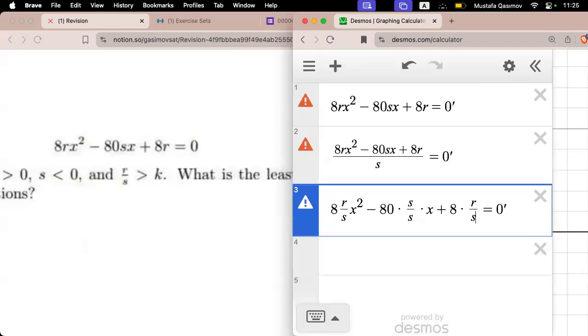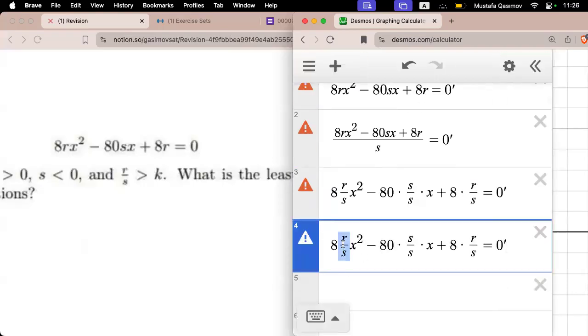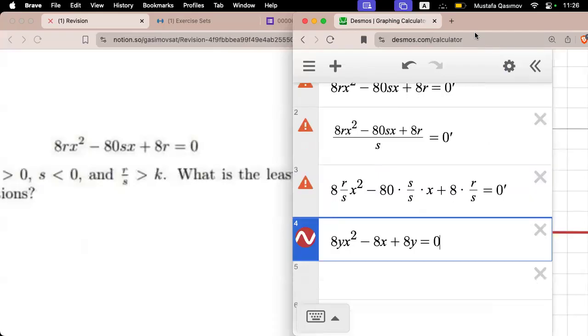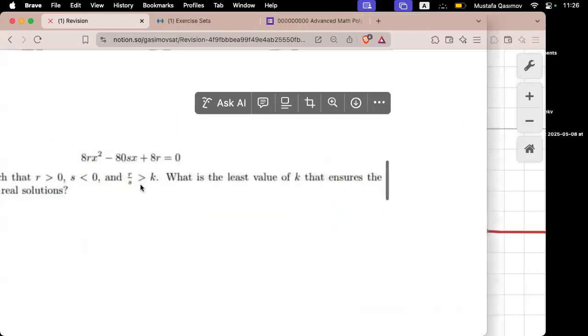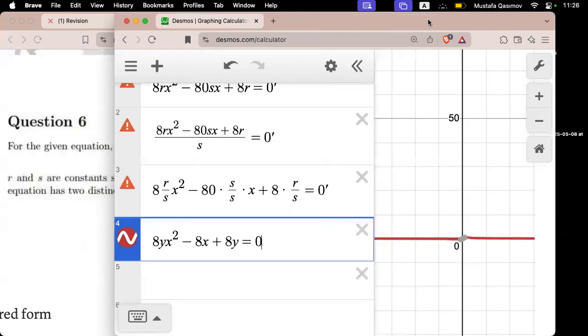Any question? Okay, after that, you have to write y instead of r over s, 1 instead of s over s, and again y instead of r over s. And I hope it will work. So it says that we have two real solutions.